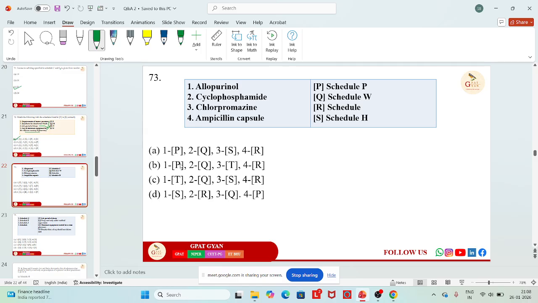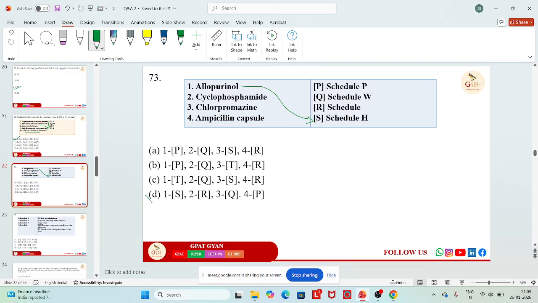Next, another match the following. Allopurinol is Schedule H. Without medical prescription, allopurinol cannot be given.